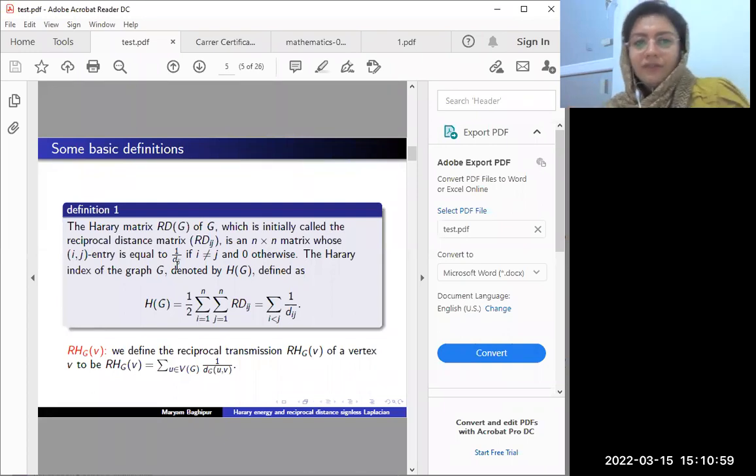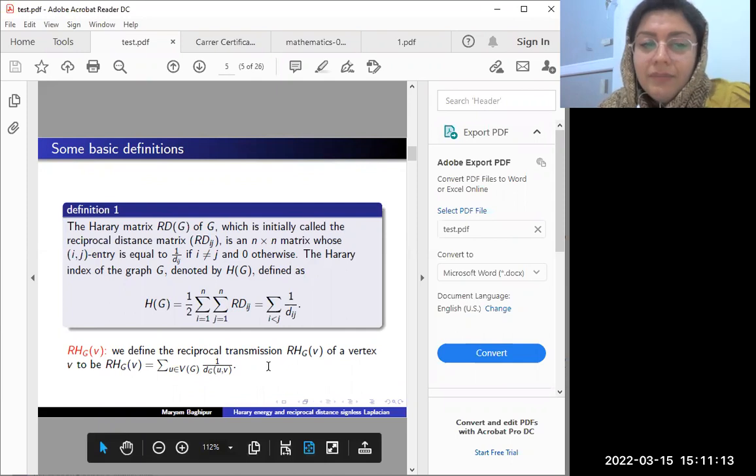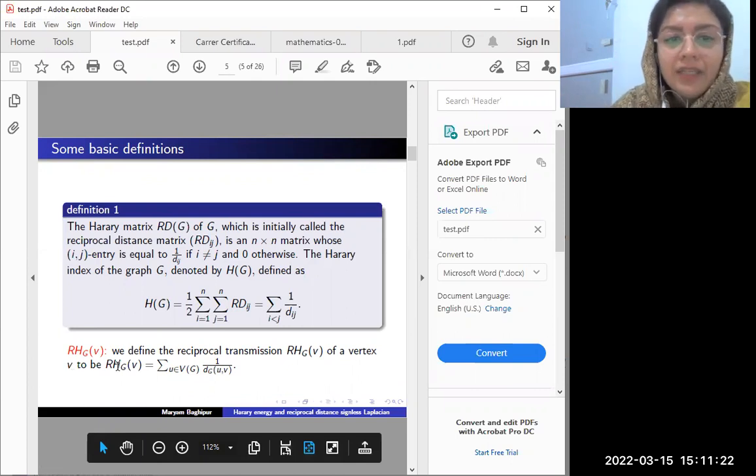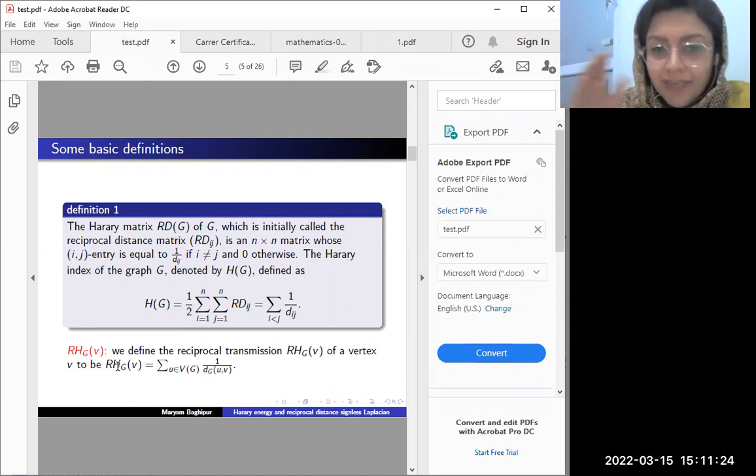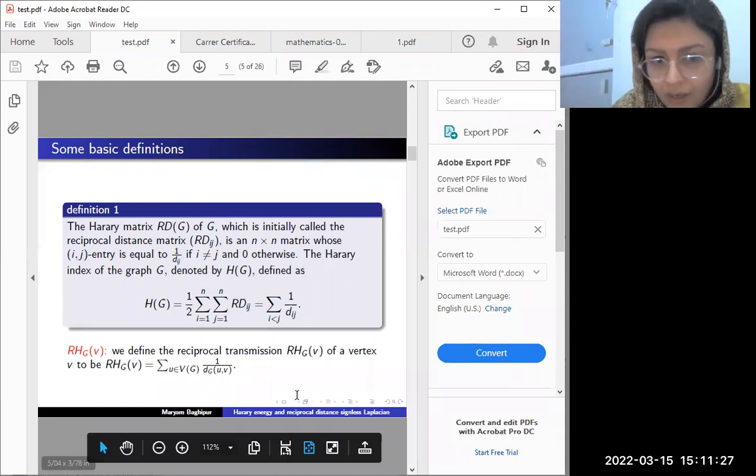That's why the trace of this matrix is equal to 0. The reciprocal transmission is the sum of the inverse distances from v to all other vertices. The sum of the inverse distances of v to all other vertices is called the reciprocal transmission.